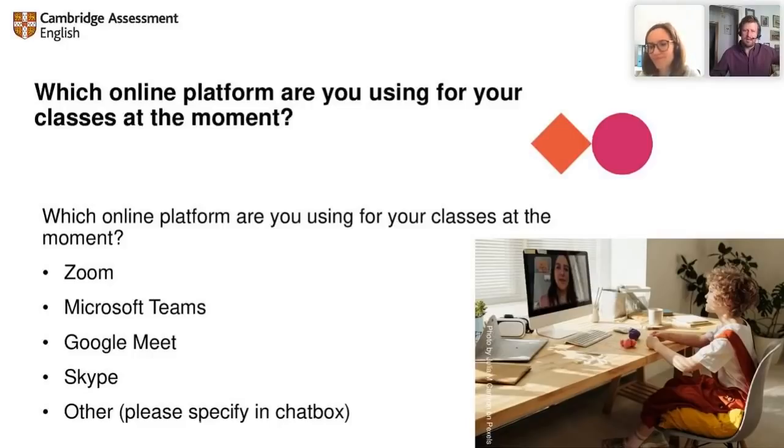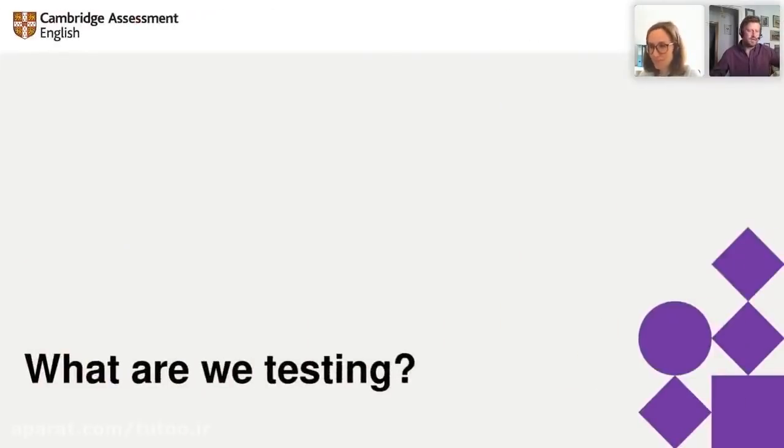Okay, lovely. So, Victoria, what are we testing? We are going to be looking at some CEFR levels to start introducing the skills and the sub-skills that we are going to test, in this case, online.